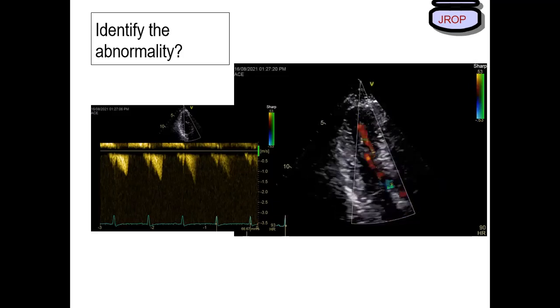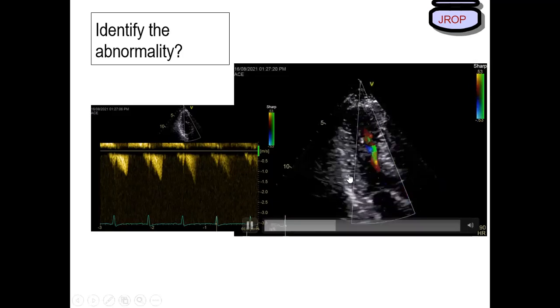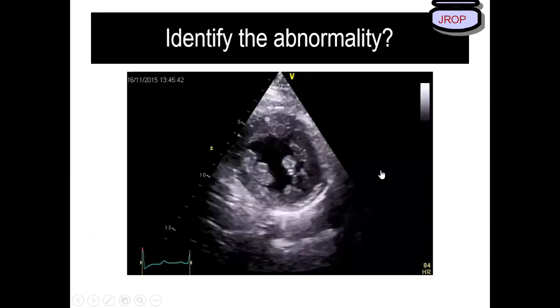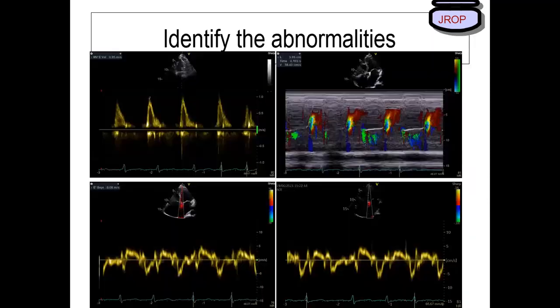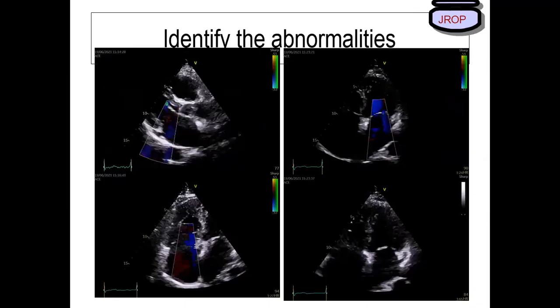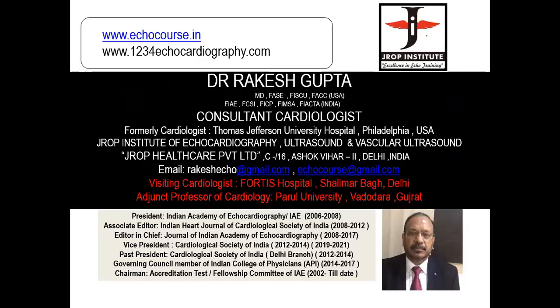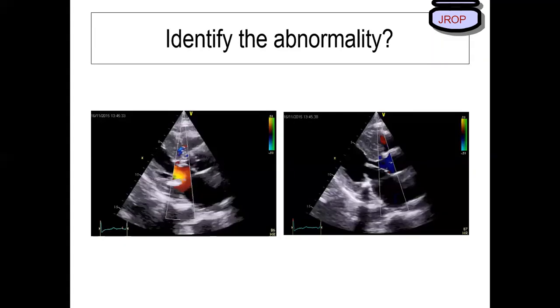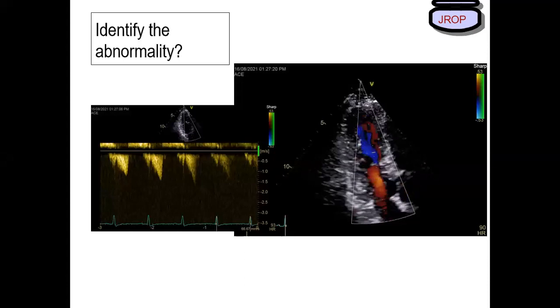Thank you, sir. So for everybody, look at this segment over here. You find a lot of turbulence out here. Let's look at the other picture first, then we'll realize whether there is turbulence or not. There's a lot of turbulence and aliasing over here.